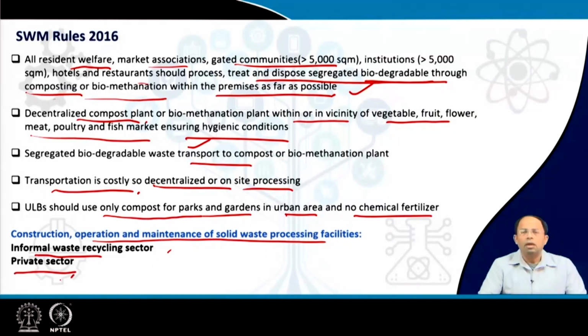So that is how the Solid Waste Management Rules cover composting, and these are the different points that they have made mandatory, and this has to be taken up on a big scale in Indian urban areas.